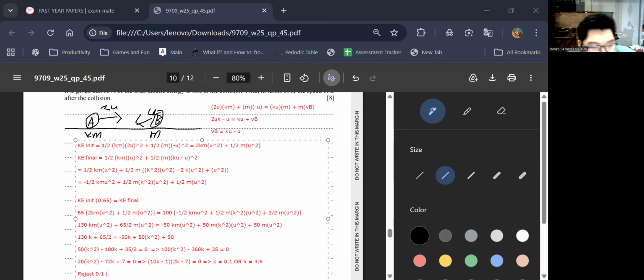And if we substitute 0.1 into v of b, we get negative velocity. Remember that our sign convention was this is positive, this is negative, which means that it is impossible for 0.1, because that would imply b is moving here, which is physically impossible. So k is 3.5.